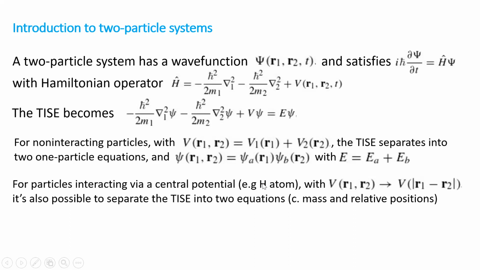But it's actually possible to do it as a two-particle system with the proton just moving a lot less than the electron. And so in that case, we have V of R1 and R2, where R1 might be the proton and R2 the electron, is a function of just the distance between R1 and R2.